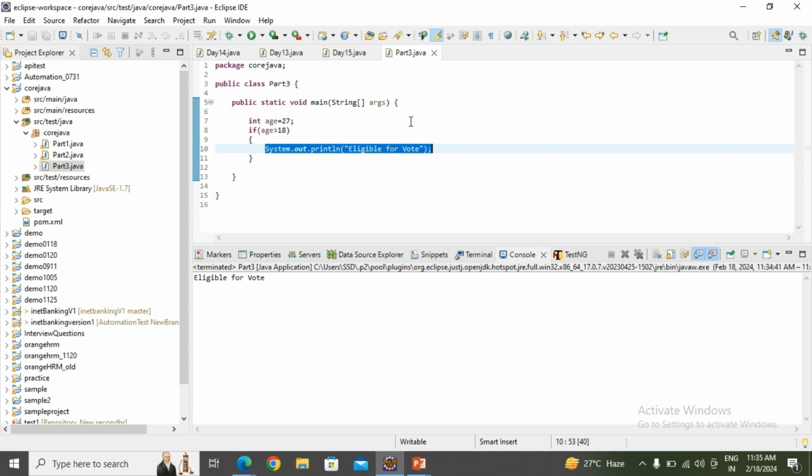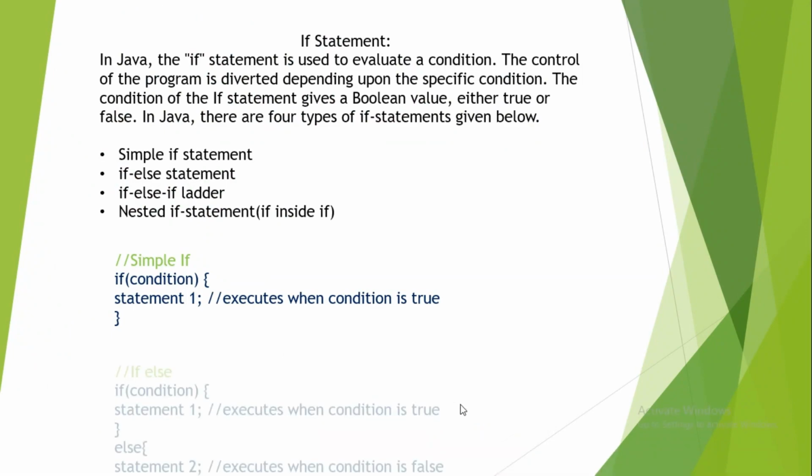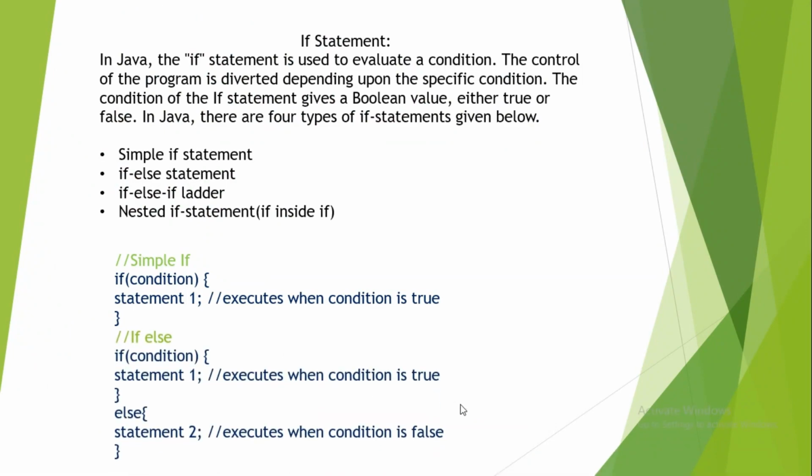Now the second one, we will see if else. In if else, we check for a condition. If the condition is satisfied, what statements need to be executed? And if the condition is not satisfied, what statements are to be executed?